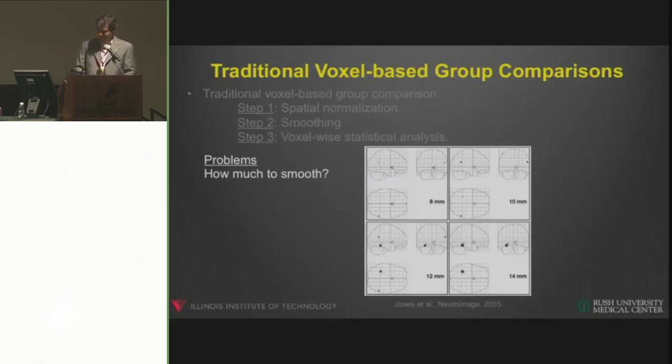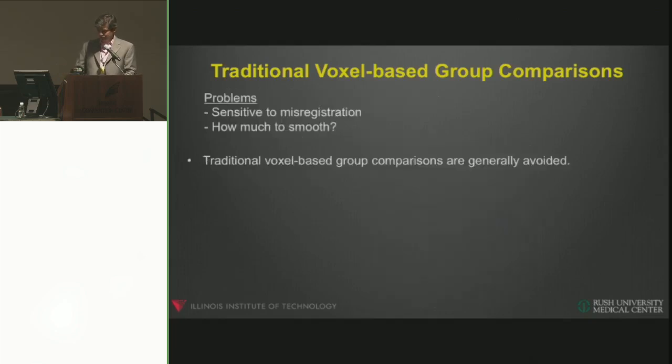So for one region, 14 millimeter smoothing is the best. For the other region, 10 millimeter smoothing is the best. So which one should we use? Nobody really knows. So these are the 2 big problems of traditional voxel-based group comparisons. They're very sensitive to misregistration, and we don't know how much to smooth. And for these 2 reasons, traditional voxel-based group comparisons are generally avoided.